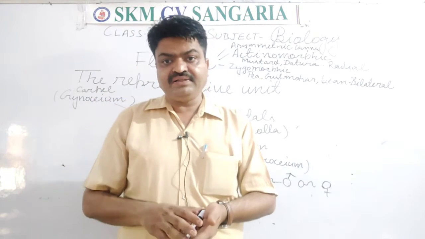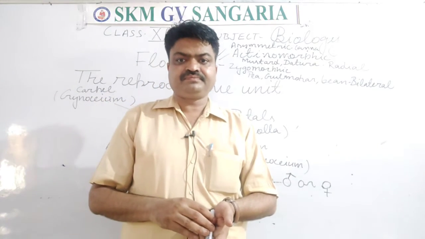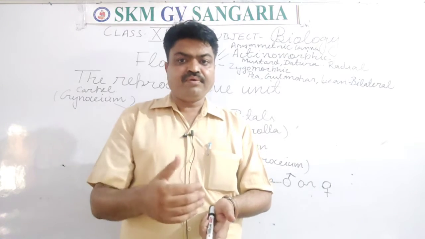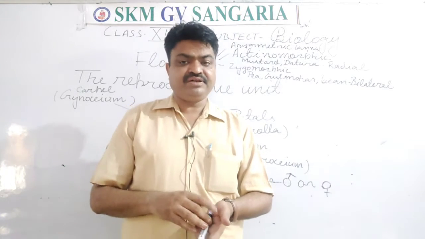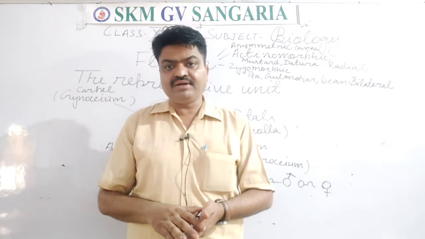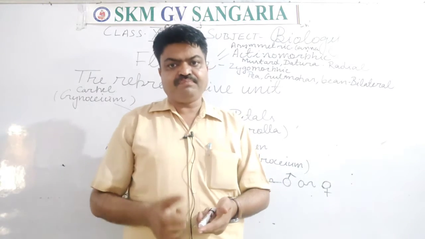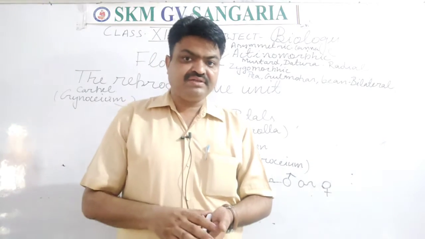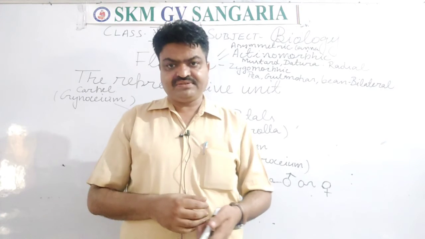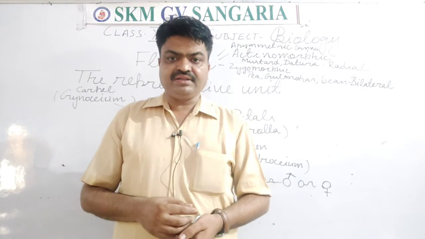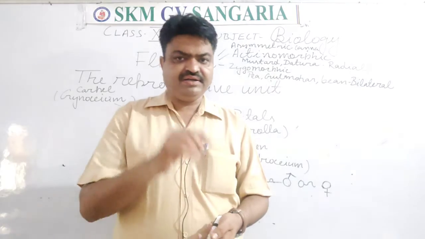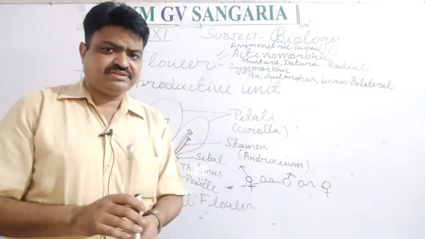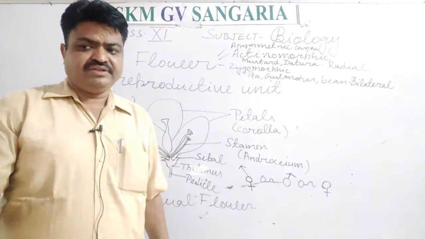What do they contain? They contain pollen grains, student. And what are pollen grains, student? Pollen grains are the male gametes. Now we come to the next important part of the bisexual flower.